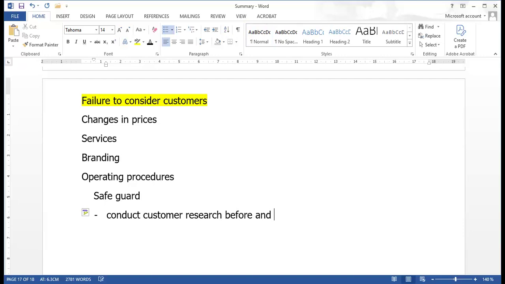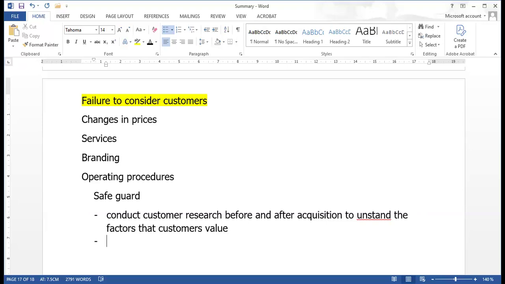Before and after acquisition. Why? You need to understand the factors that customers value. You need to know the major customers, the corporate clients, the travel agencies, all those things should be informed.